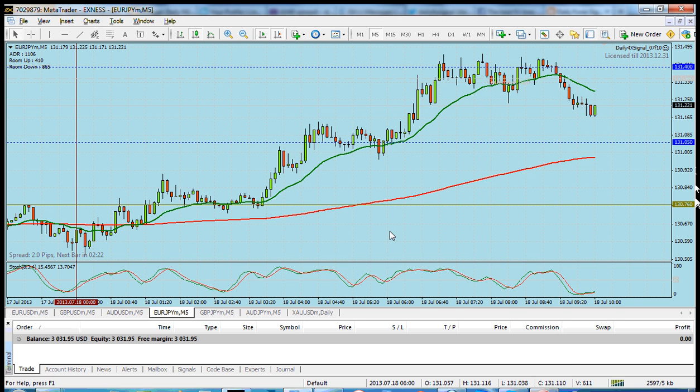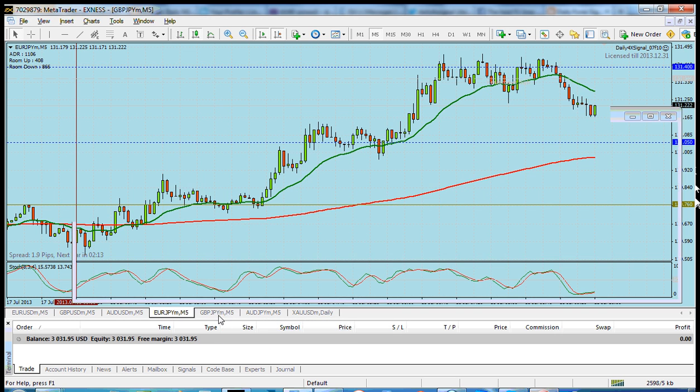So every day when these signals are published on the web, on my blog, these lines will automatically be drawn on each of the pairs.